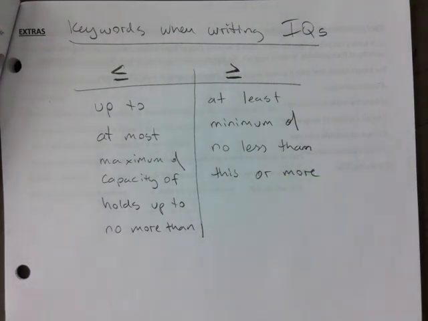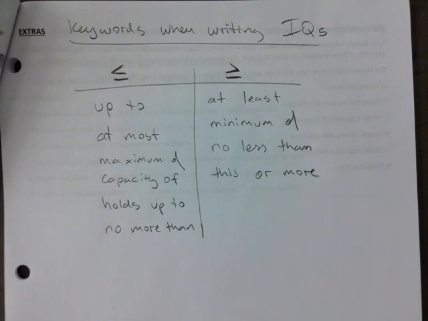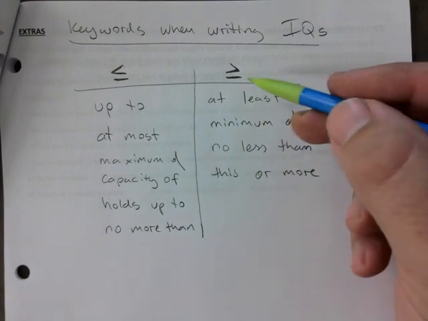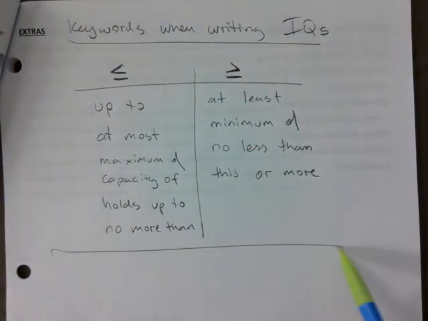Like you want 3 or more puppies or something like that, right? If you indicate that you want more than just that, then you're also thinking of that inequality, right? So these are the key words here to help you out.